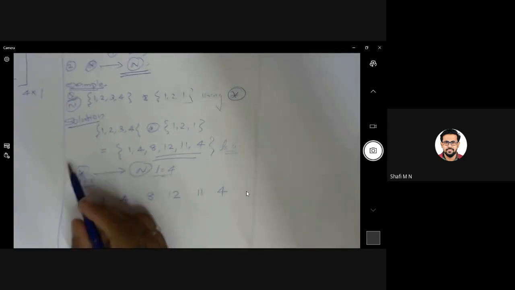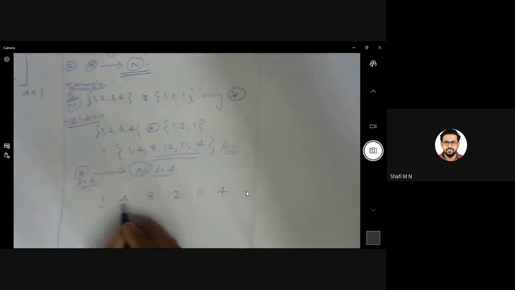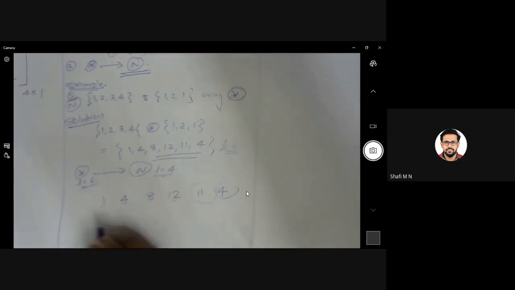I need to cut it short to 4 terms, so the remaining terms you overlap and add. 11 should be placed over the first position and 4 over the second. These two terms overlap here.